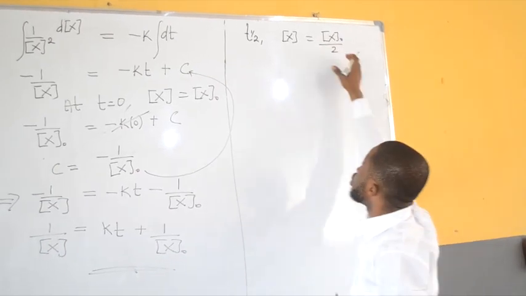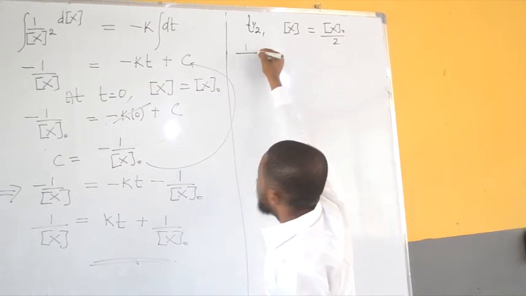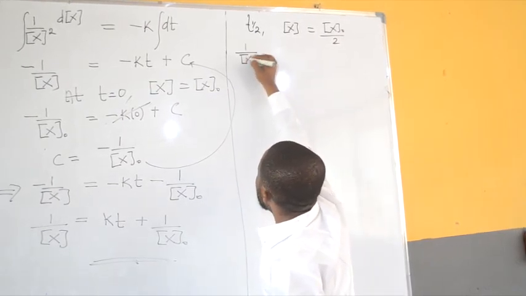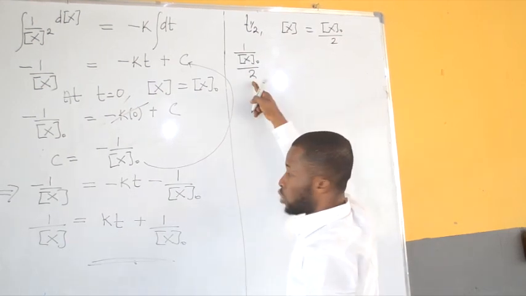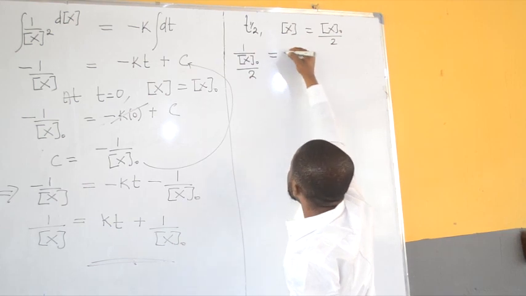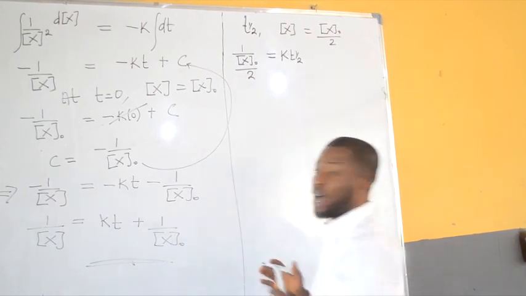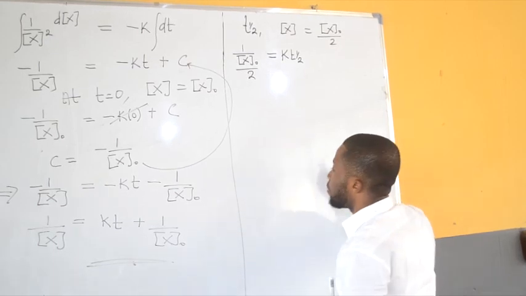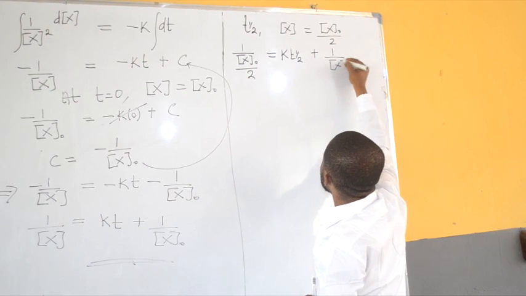So let's substitute this value into this. We therefore have that 1 over x naught over 2, I'm replacing x with x naught over 2, which is equal to k t half, because we're talking about half-life now, so we change the time to t half, plus 1 over x naught.